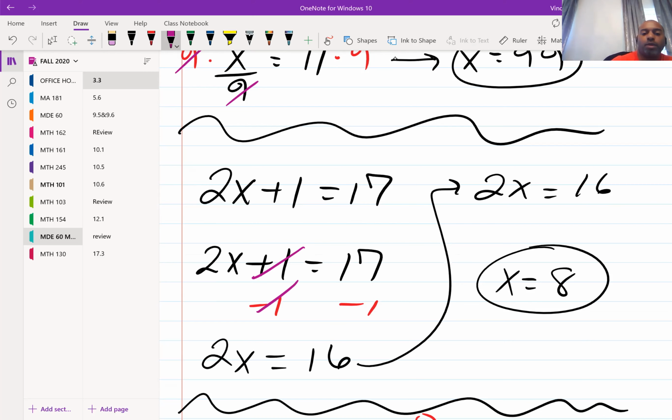And that'll leave us with 2x equals 16. Now I have 2x equals 16, so I'll divide both sides by 2. And my solution is x equals 8.